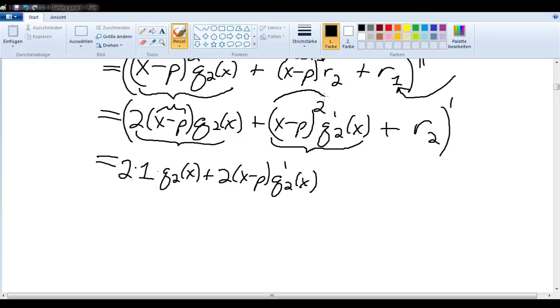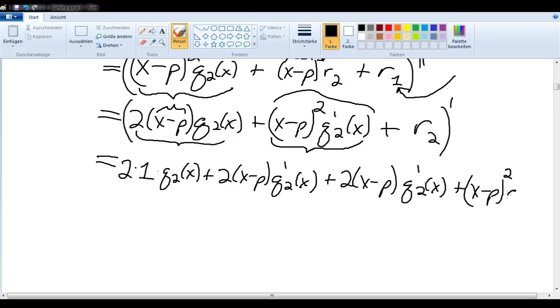Okay, now we're on to this term here, plus, we'll take that first derivative, x minus p, we'll leave that as is, and leave that as is, and take the derivative of the second part. So it would be q sub 2 double prime of x. And again, this constant just falls away.